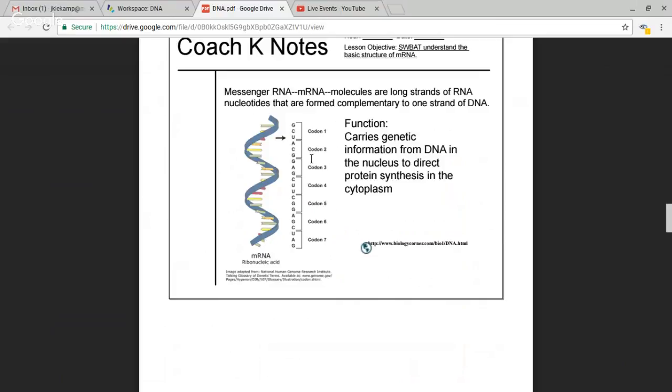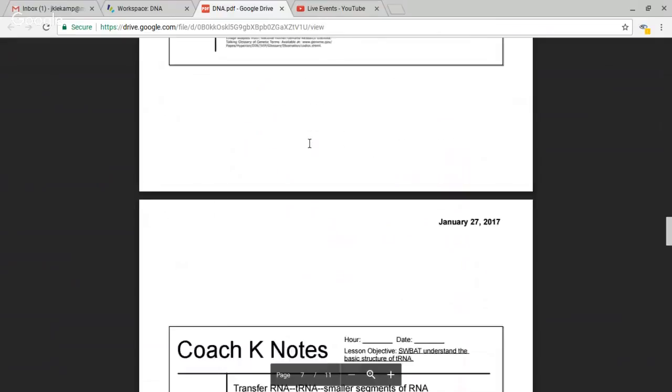So you can kind of see it here, GU or GCU, ACG, GAG, CUU. Where the T's would be, we have a U for uracil.